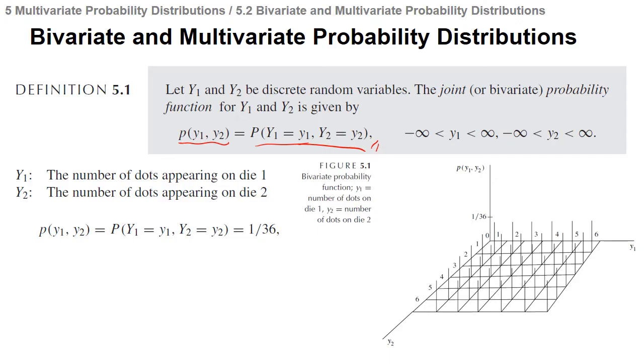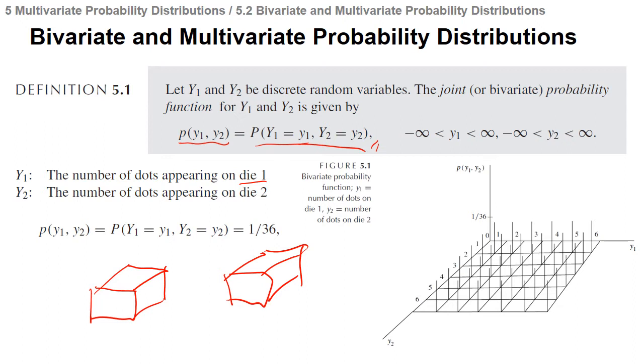Okay, for example, y1 could be the number of dots appearing on die 1, and the random variable y2 is the number of dots appearing on die 2. So there are two dice. Here's die 1 and here's die 2. y1 is related to the first die, and y2 is related to the second die.